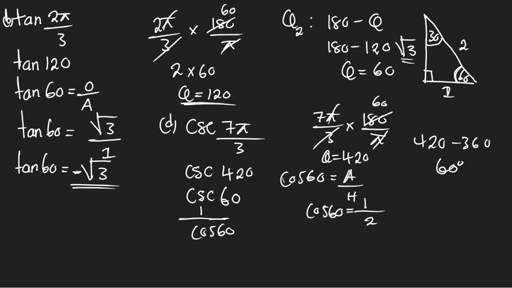So for sine 60, you are finding root 3 over 2. So even here, you're going to do the same. It will be 1 over root 3 over 2, which is just the same as 1 multiplied by 2 over root 3. The answer is going to be 2 over root 3.